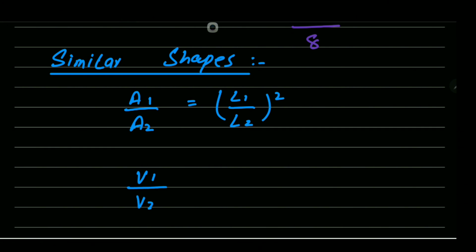Volume 1 over volume 2 is equal to length or height 1 over length or height 2, but it will be cubed. Length and height are actually the same thing. So in the formula of volume there will be a cube, in the formula of area there will be a square in lengths or heights. These are the two formulas we use in similar shapes questions, and the same formula we use in the questions of similar triangles as well. So let's do some past paper questions.